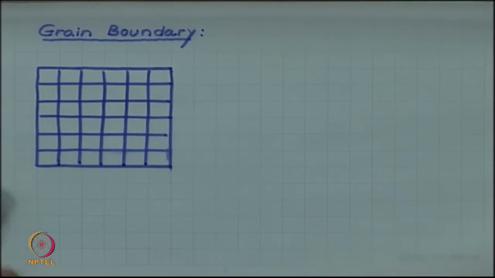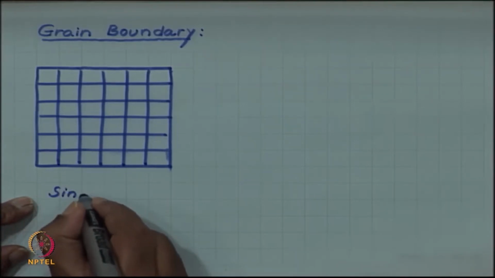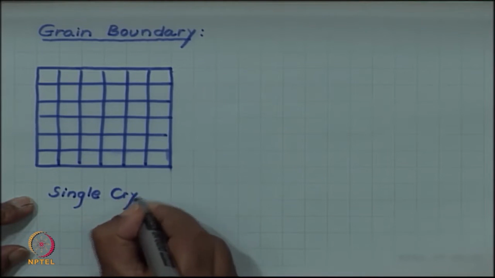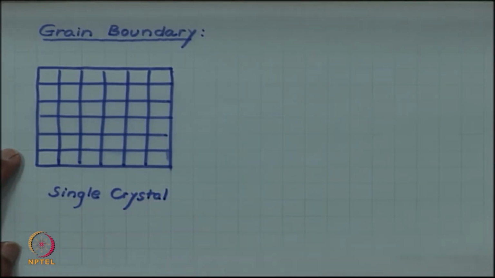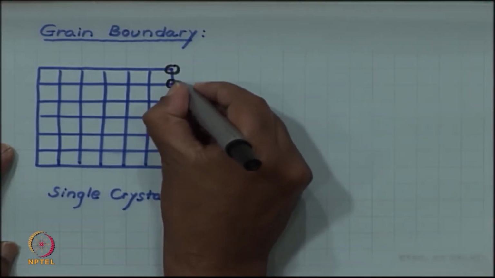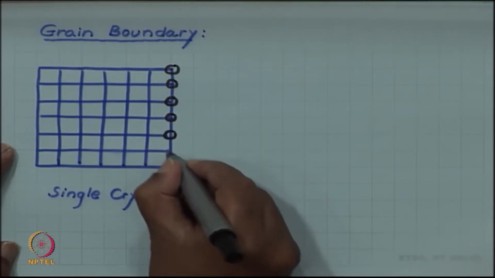We have not used this phrase again, but tacitly we have been assuming that all our crystals were single crystals. By single crystal we mean that all the unit cells in the sample are in identical orientation.